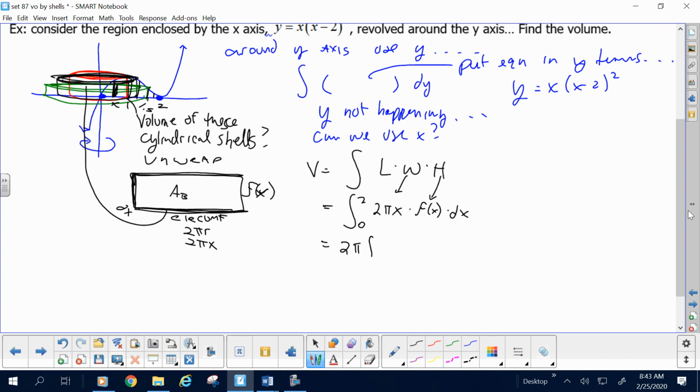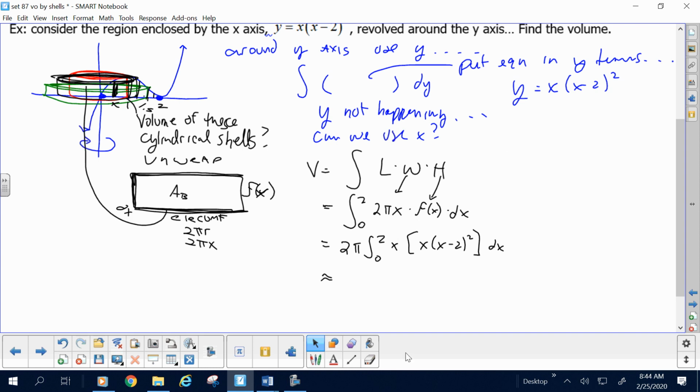2 pi we typically put out front, x, and the function. We use our calculators today to evaluate these. The setup is the part I want to focus on.